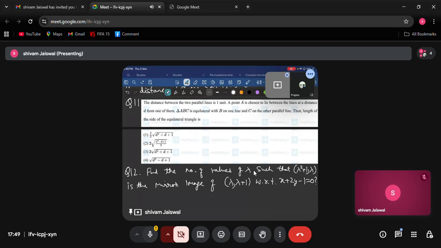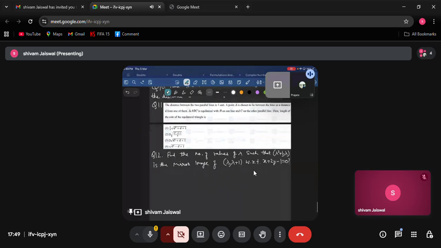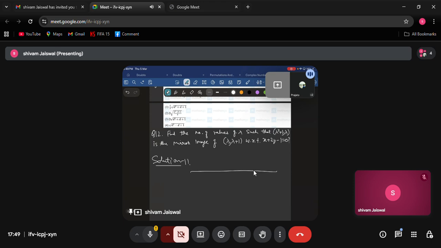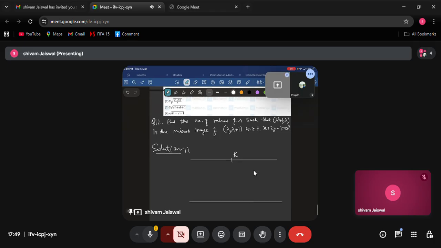So basically, what is the situation? These are two parallel lines. A point B is chosen over here. A point C is chosen over here. Point A is lying in between.